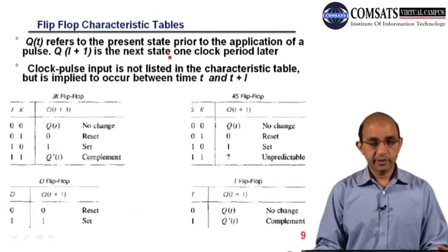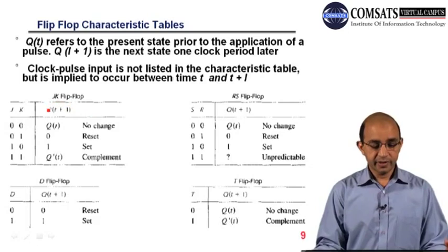Here we have the characteristic tables for the sequential logic. When we studied different flip-flops, we normally had a Q and Q bar, where Q is the normal output of the flip-flop and Q bar is the inverted output.